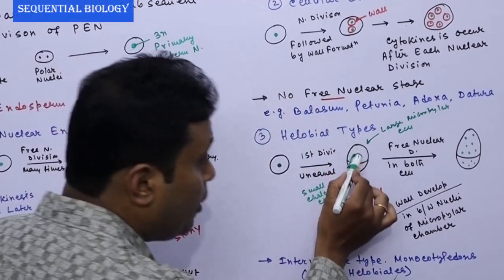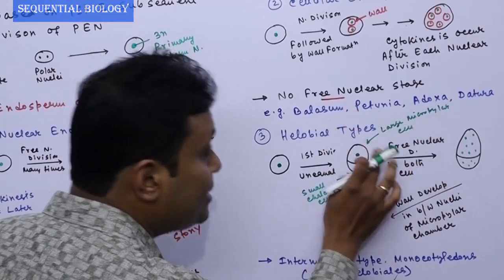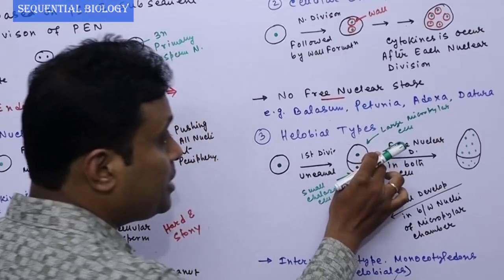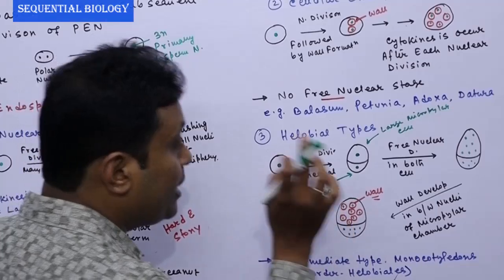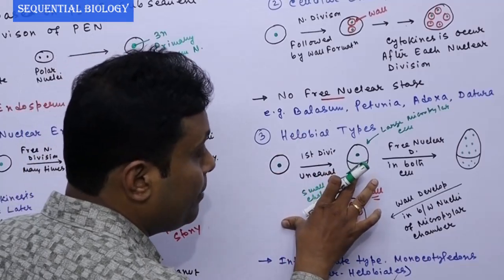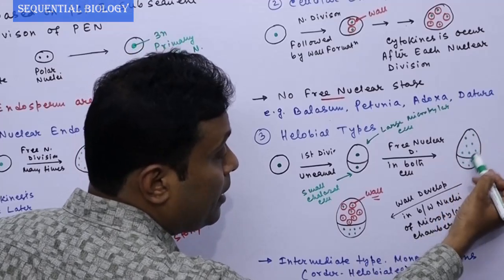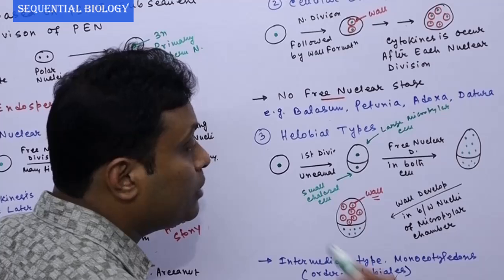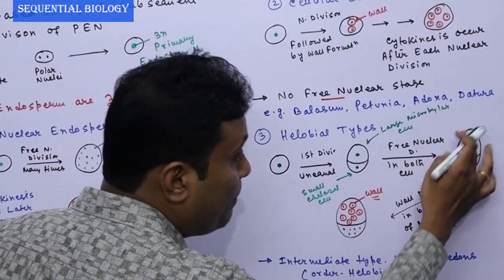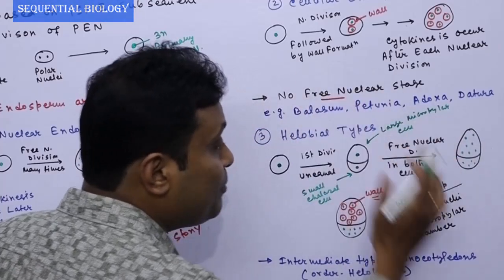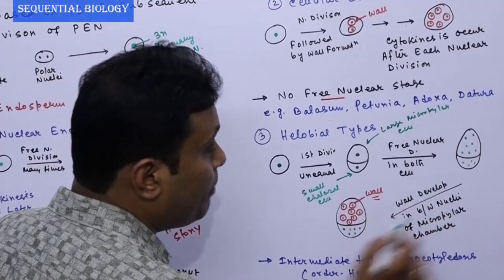After formation of these two unequal cells, free nuclear division occurs in each chamber. Free nuclear division occurs in the micropylar chamber, and also in the small chalazal chamber, and this causes the formation of many nuclei, but these nuclei are without walls. Later, walls develop between the nuclei of the micropylar chamber.